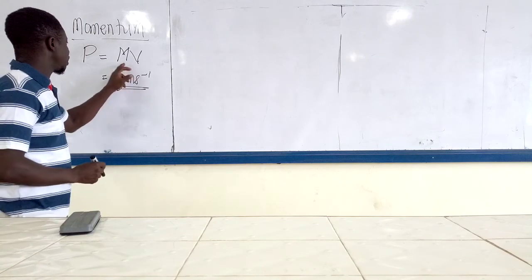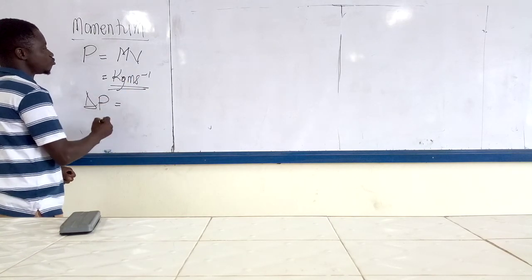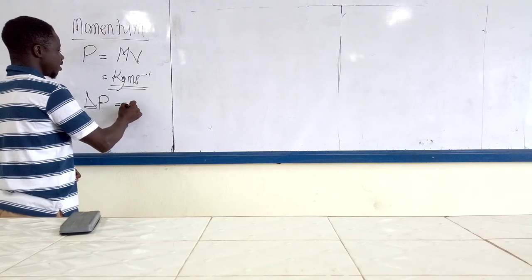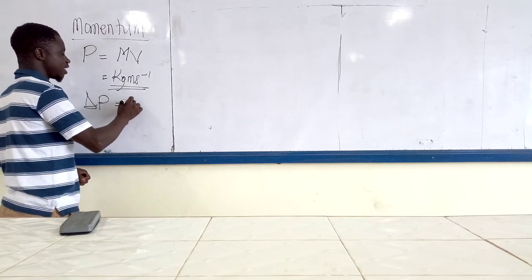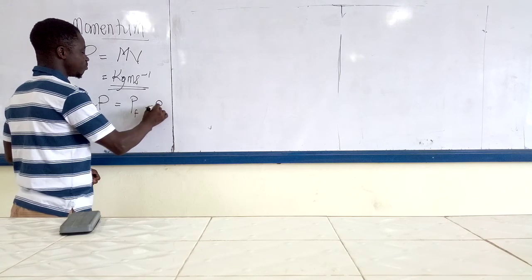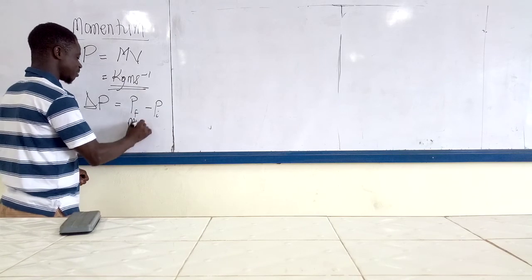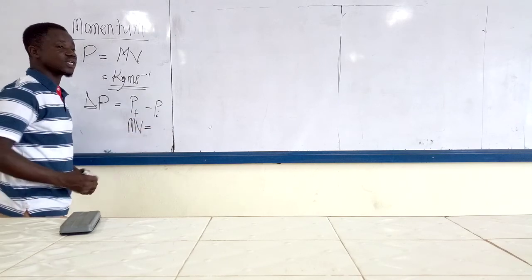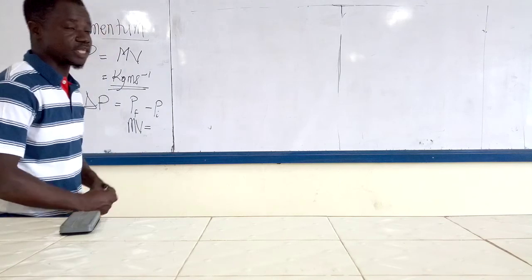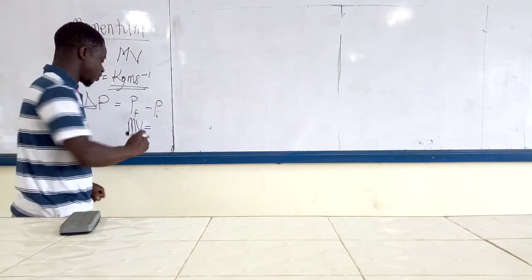Good. So when we say change in momentum, that will give us final momentum minus initial momentum. So what is final momentum? The mass times the final velocity. Those of you that have done linear motion, when we write V, it's a conventional symbol. V stands for final velocity, U stands for initial velocity.